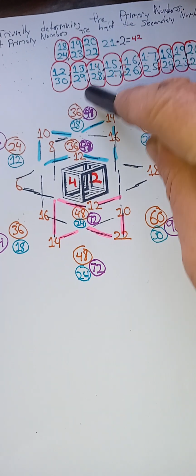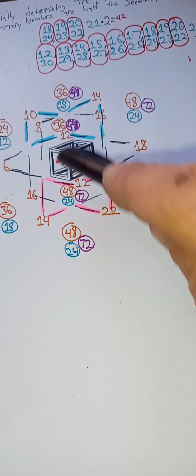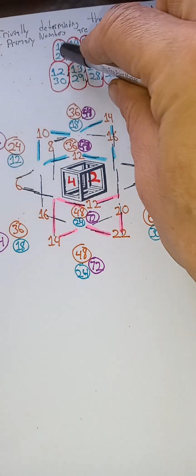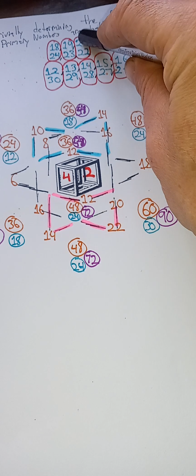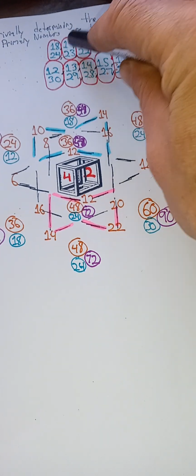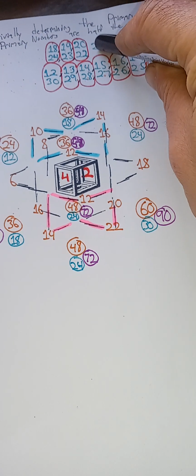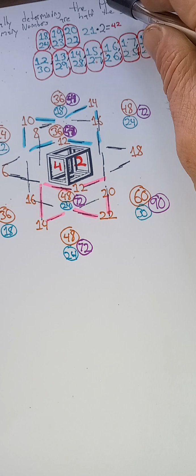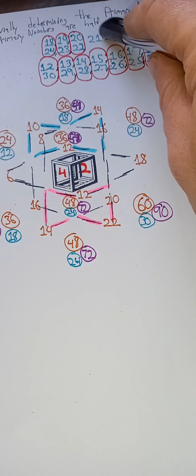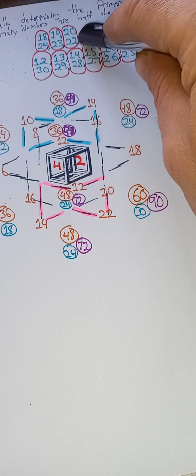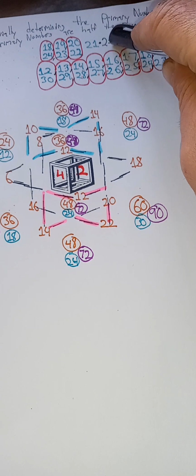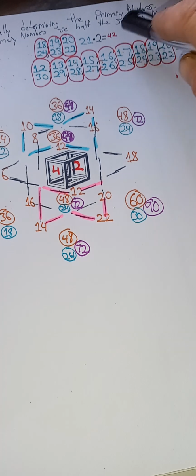start with 18 right here, and 24 down here, 18 and 24 on top. 18, 19, 20, 24, 23, 22, what's left over is 21, and 21 multiplied by 2 is 42.